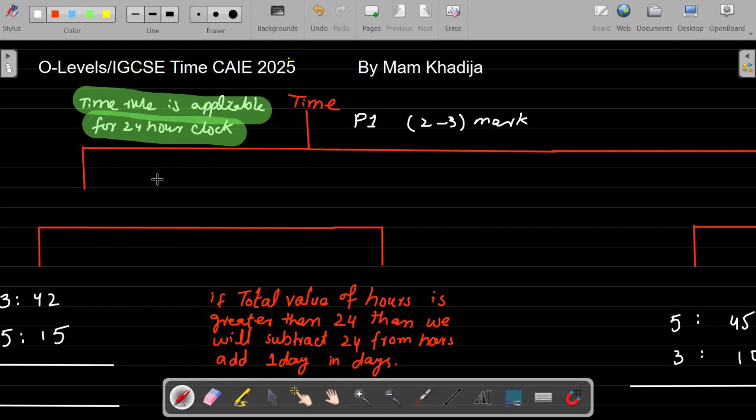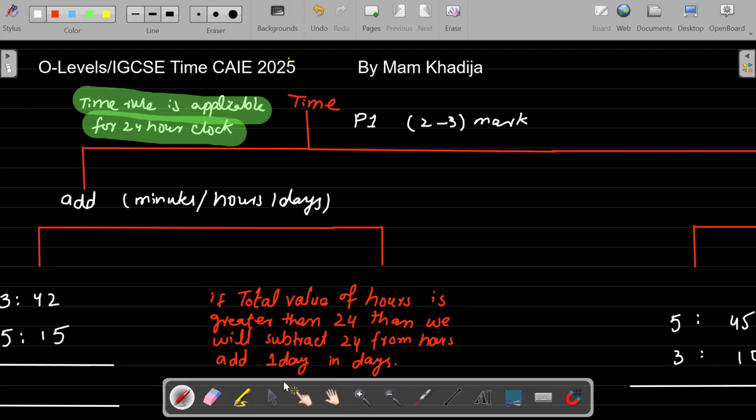The rule is that either you are going to add something in minutes, hours, or days, or you are going to subtract from minutes, hours, or days. There is no multiplication and division in time. In addition, you are going to add minutes or hours in hours or in days.